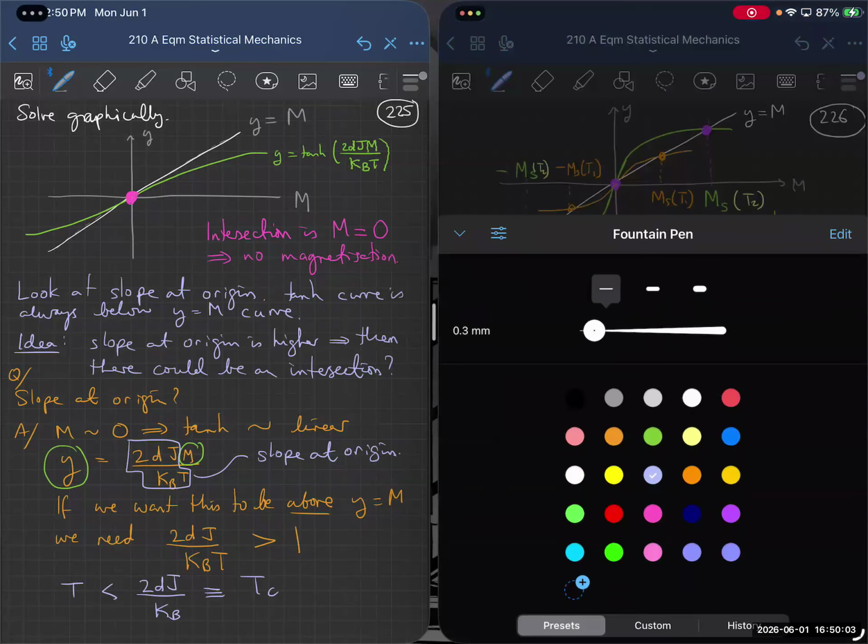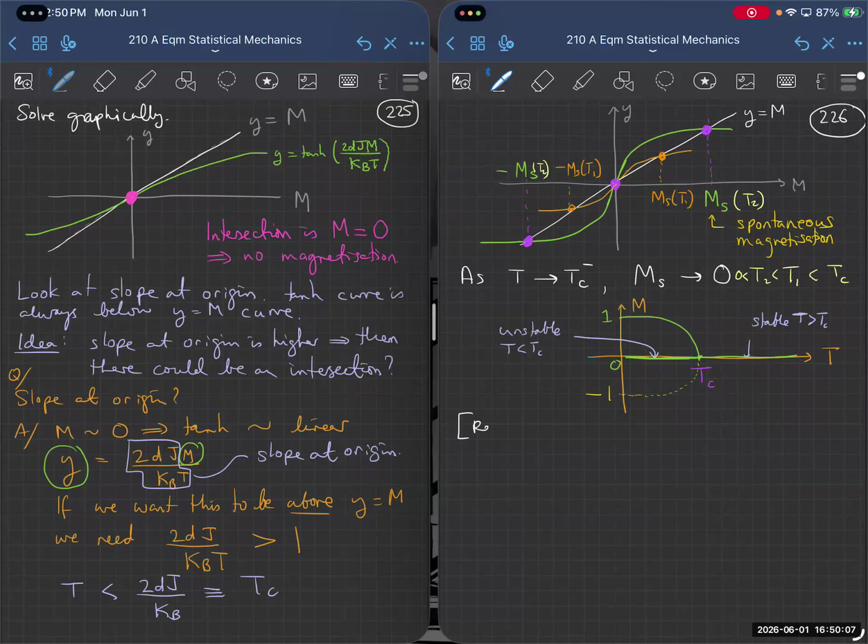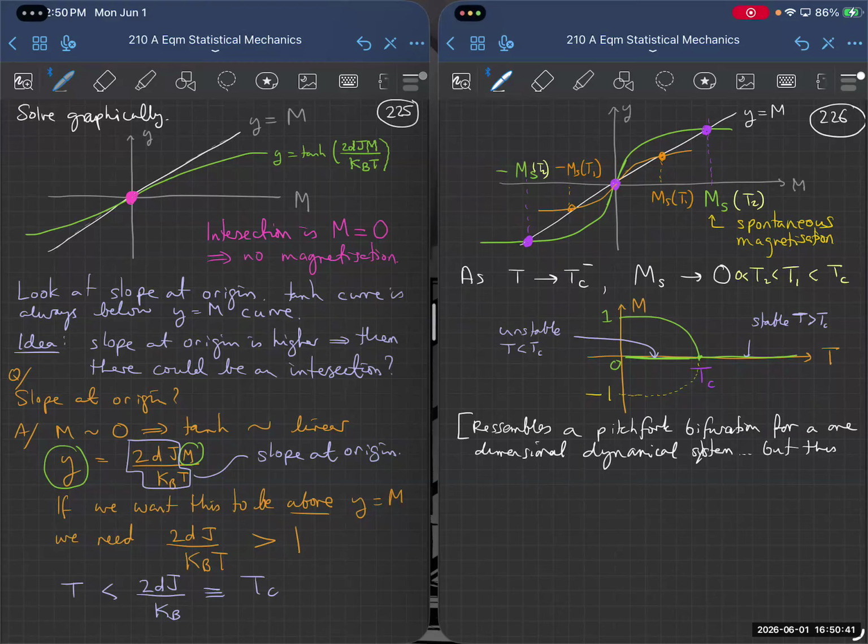So this resembles a pitchfork bifurcation or a one-dimensional dynamical system, but this has an infinite number of degrees of freedom, because n is going to infinity, and this is statistical. So it's similar, but it's not exactly the same.